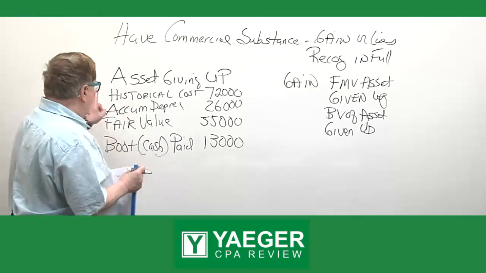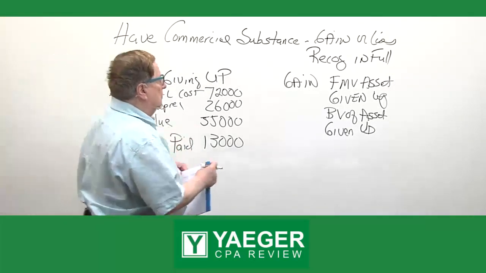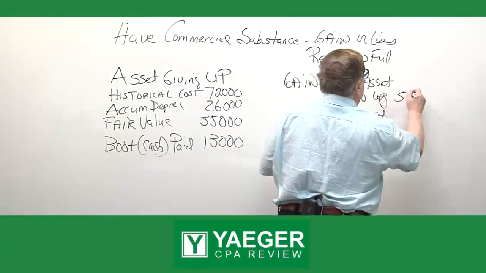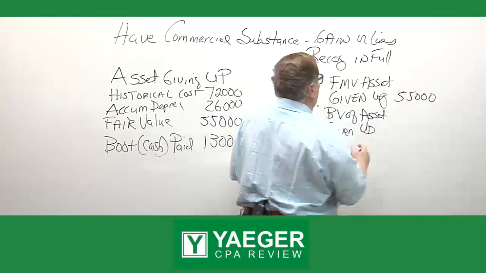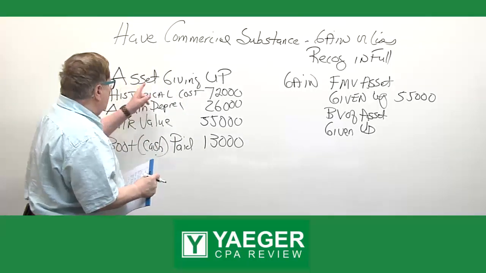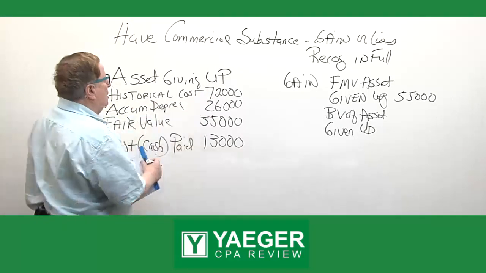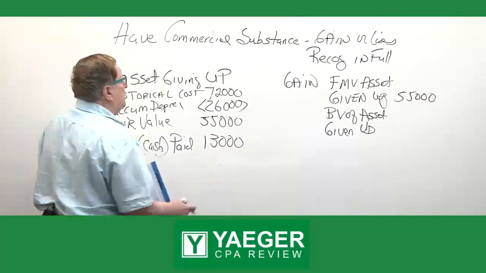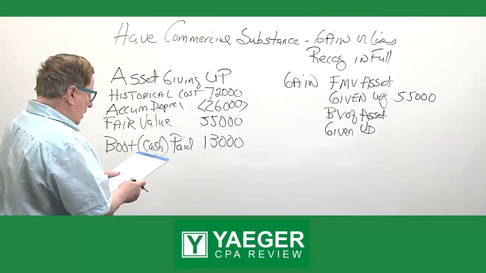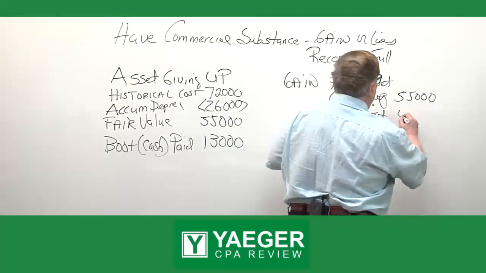First of all, the fair market value of the asset given up is $55,000. Now, the book value of the asset given up is cost, $72,000, minus accumulated depreciation of $26,000. That will give you a book value of $46,000.